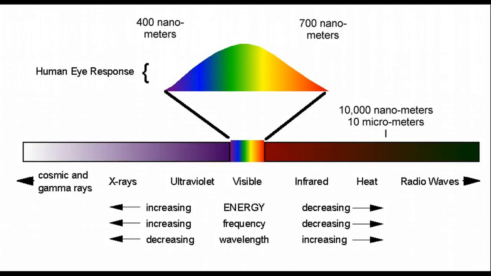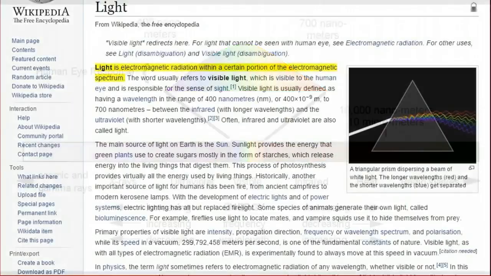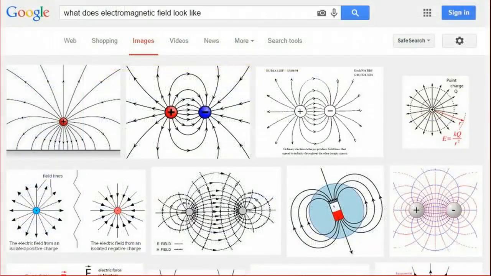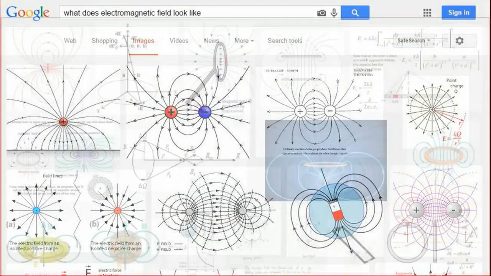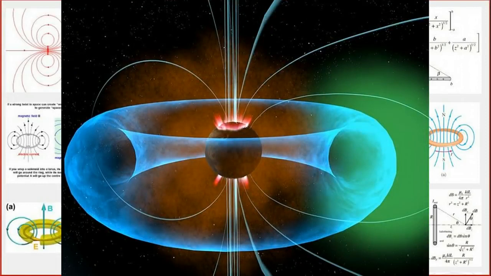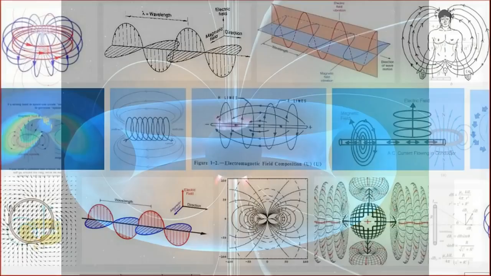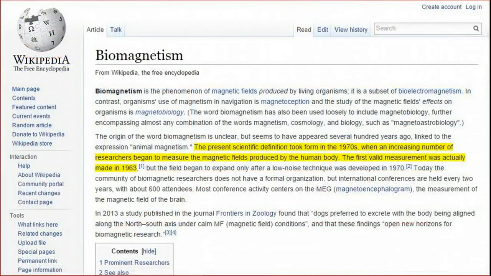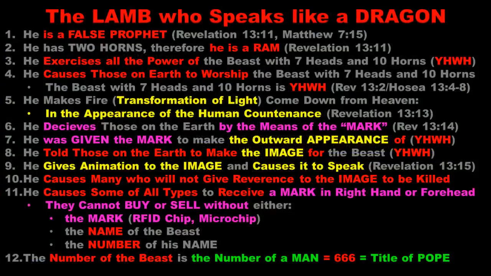So the Bible tells us the cloak is made of light. Light is electromagnetic radiation, and an electromagnetic field looks similar to a ring. Even the magnetic field around the earth is shaped like a ring. So the appearance ring in Isaiah 3 may refer to an electromagnetic field. The human body also produces magnetic fields. The first valid measurement of a magnetic field produced by a human body was done in 1963.